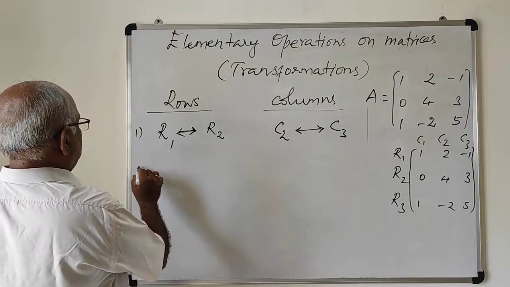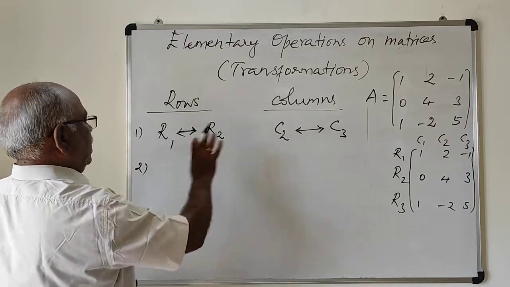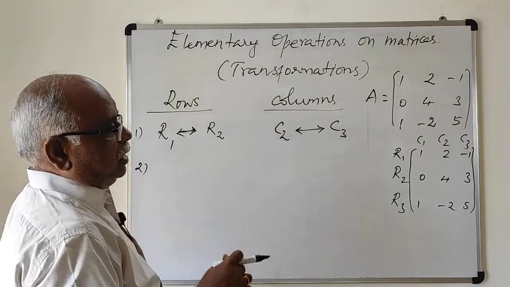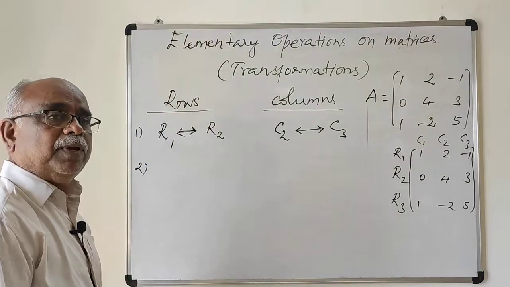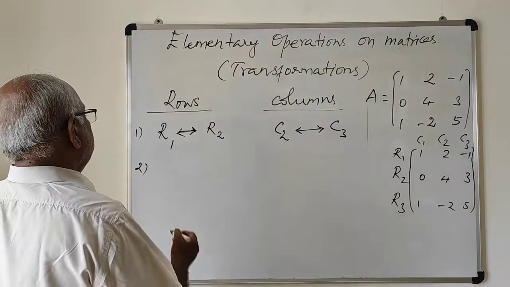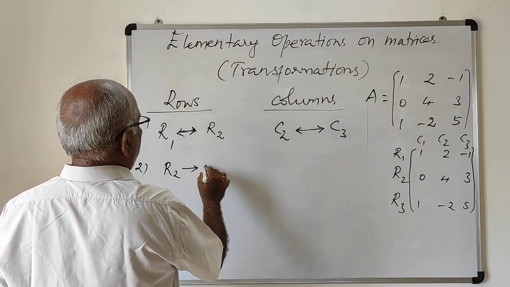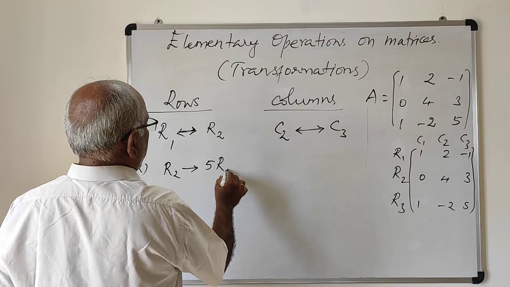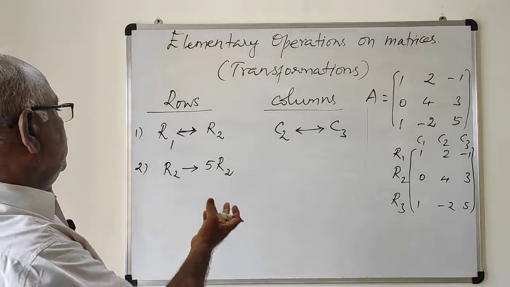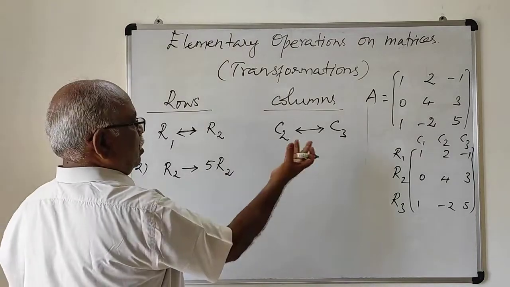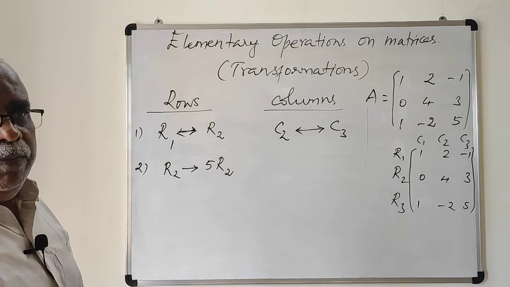Second one is, this is the second set: the elements of any row or column are multiplied by a non-zero number. That is, R2 becomes 5 times R2. The non-zero number can be a positive number or a negative number.